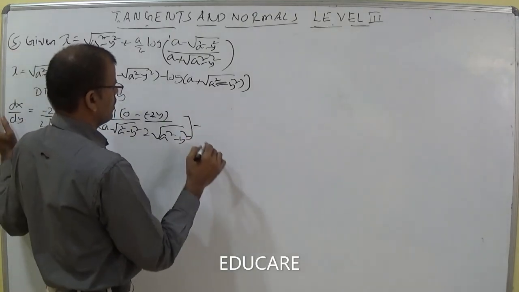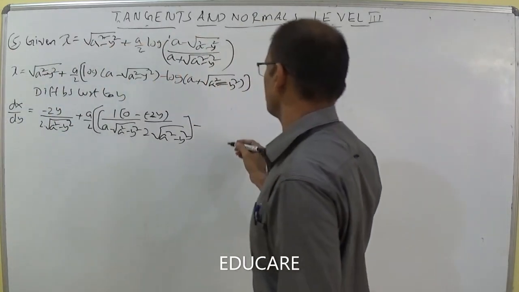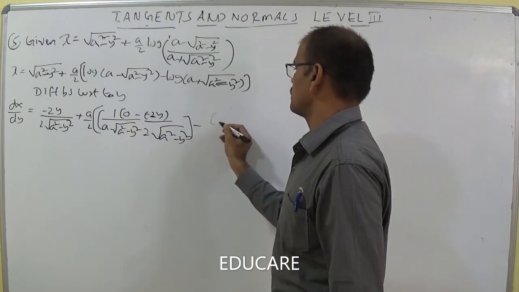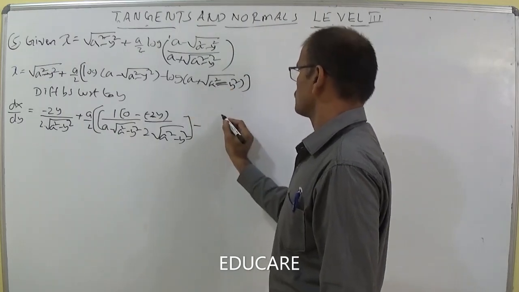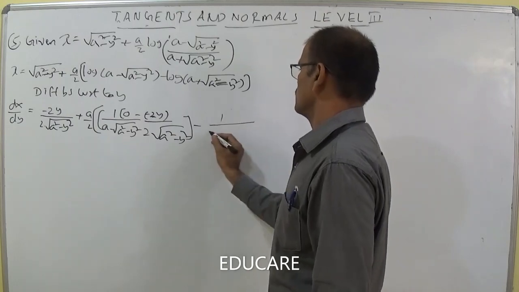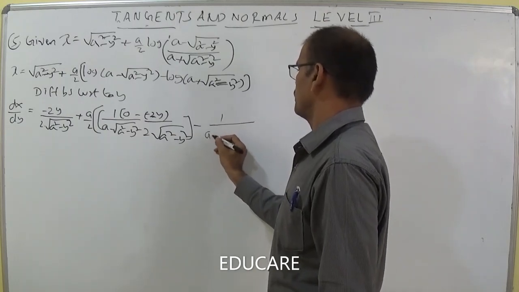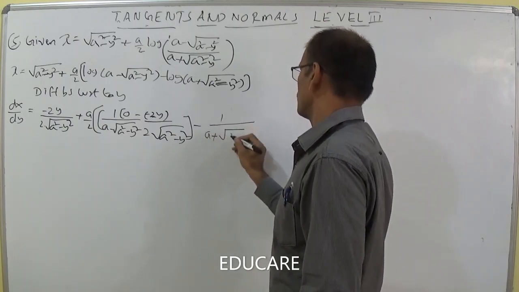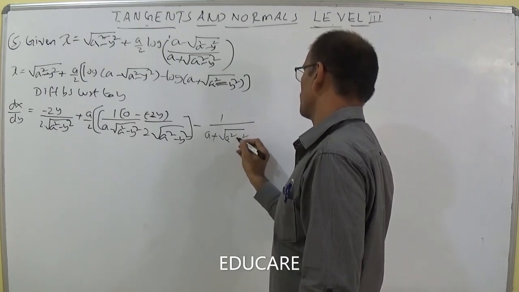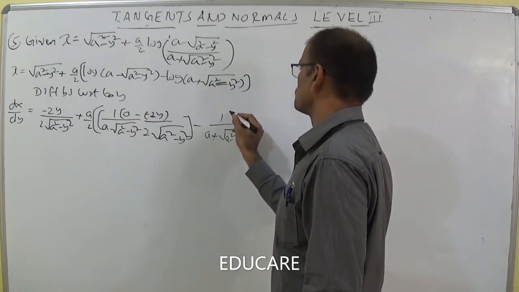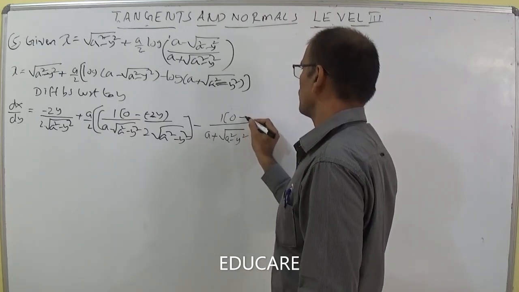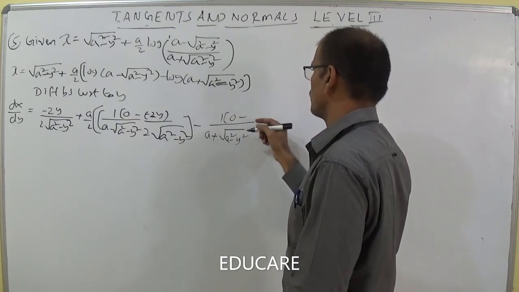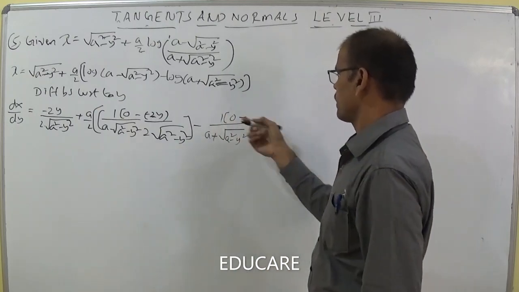In the same way we should calculate the second term's derivative. Second term, the derivative of log x is 1 by x. So you write in the same manner 1 by a plus root of a square minus y square into the internal derivative 0 plus root x, derivative 1 by 2 root of x.